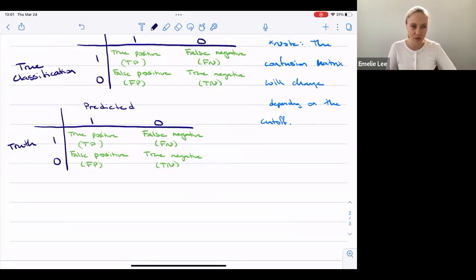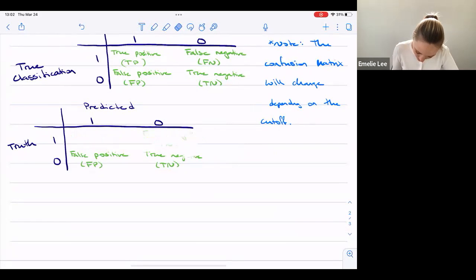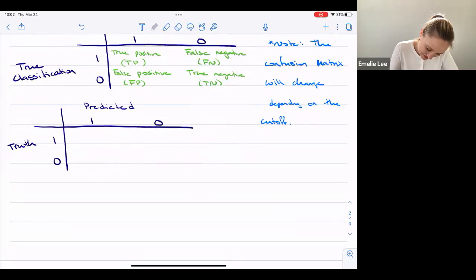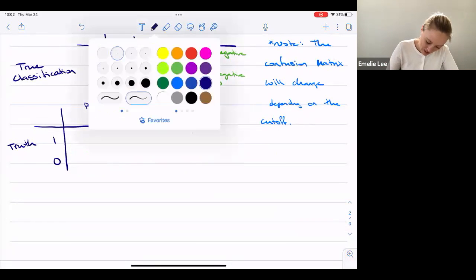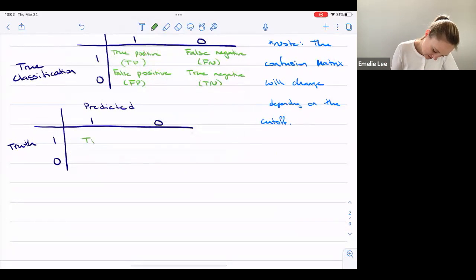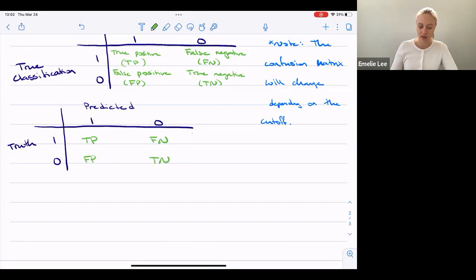And maybe what we'll do is let's clean this up and just have the true positive, false negatives. Should have just rewritten the table. That's what I get for being lazy. TP, FN, FP, and TN. Right, and then I can have my totals out here.